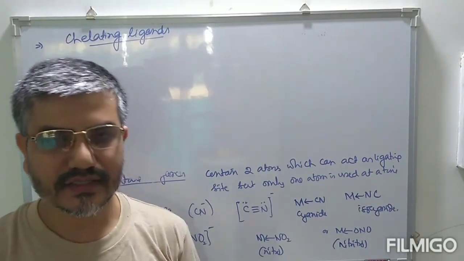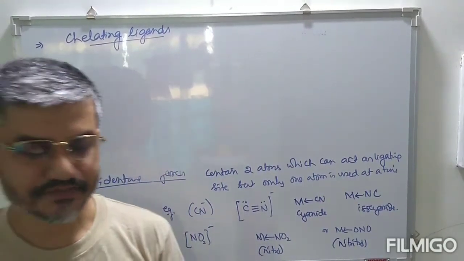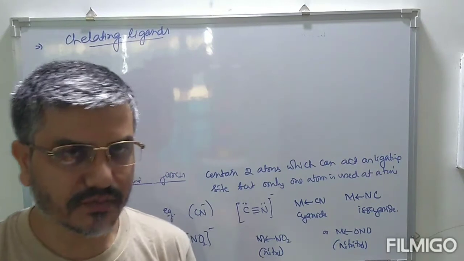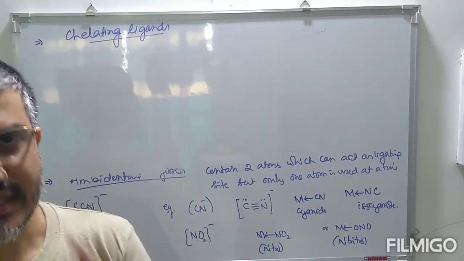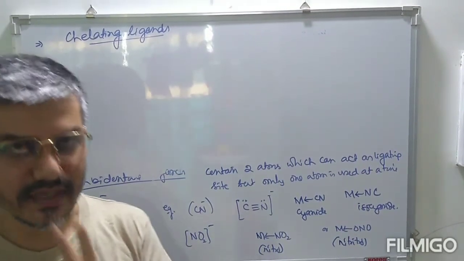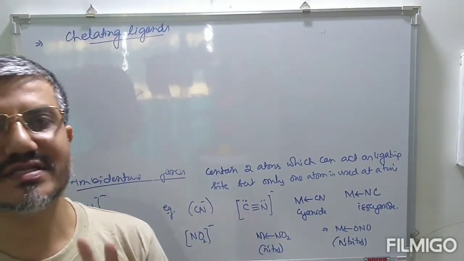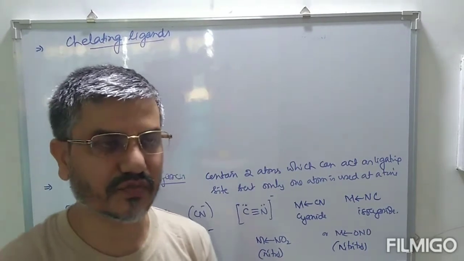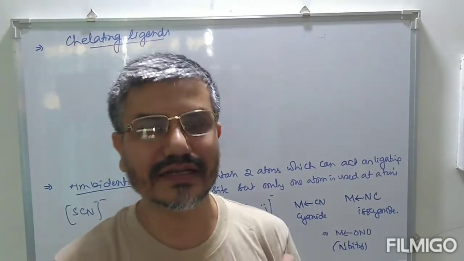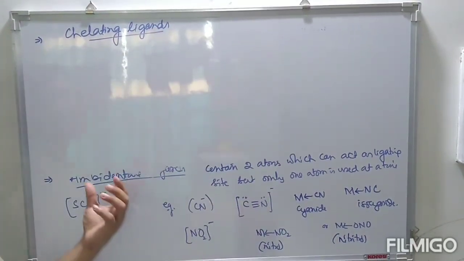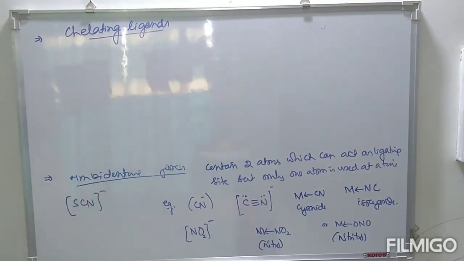These bidentate or polydentate ligands contain two ligating sites which can simultaneously bond with the central atom. If these are bonded simultaneously, this results in the formation of a cyclic or ring structure. So those types of ligands are known as chelating ligands.